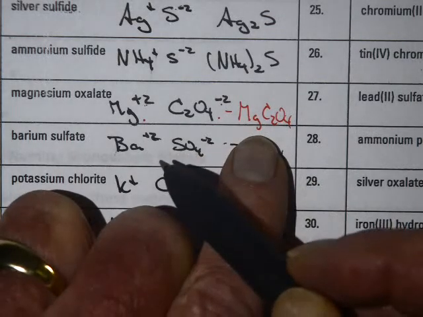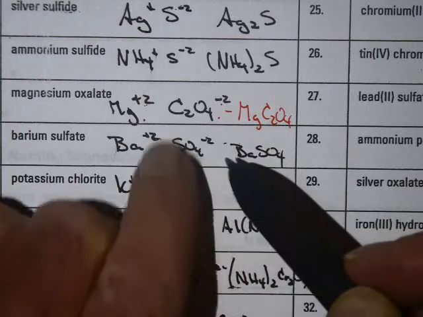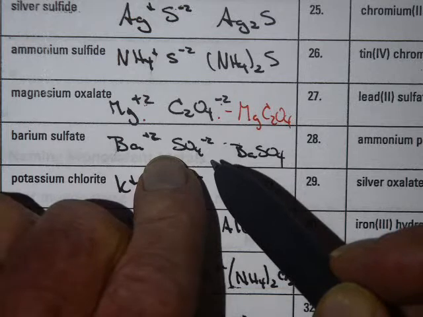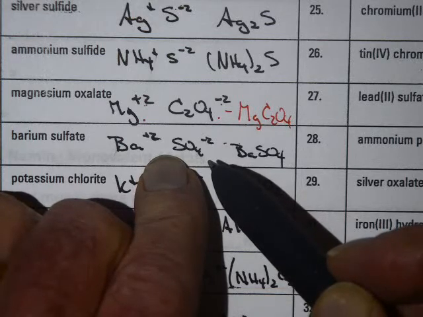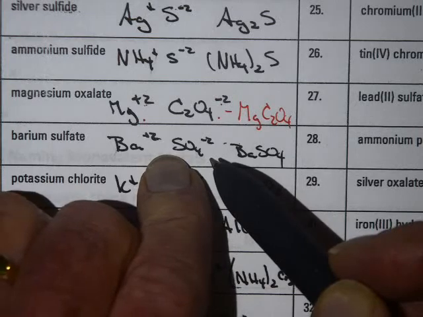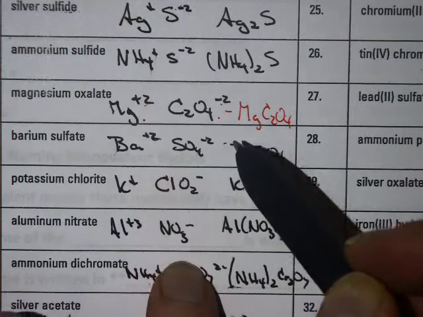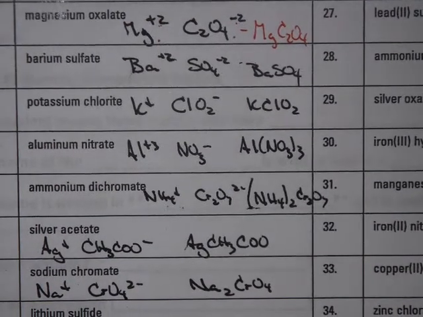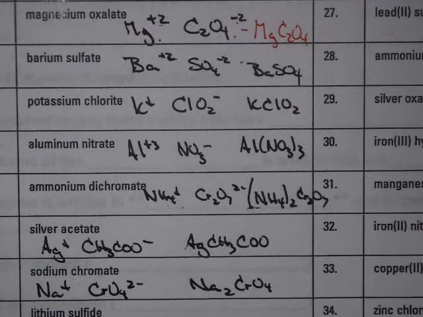Same with this one, Ba +2, SO4 -2. It's a 1-to-1 ratio. If I switch to Ba2(SO4)2, the 2's can be, what's the word? I've lost the word. You guys probably know what I'm trying to say anyway.